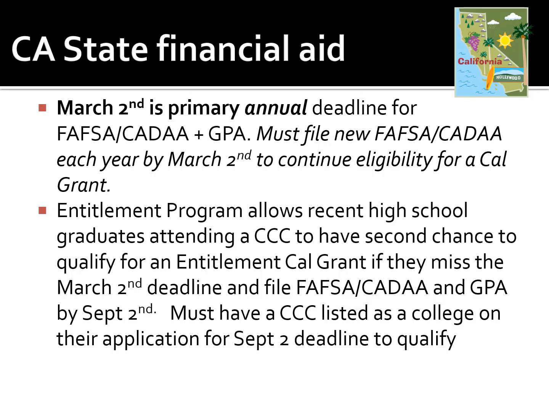And then the entitlement program allows high school graduates attending a community college to have a second chance. So for example, at a community college, if you don't meet the March 2nd deadline, you have a second chance for eligibility of a Cal Grant if you apply by September 2nd. So this is only for community colleges.